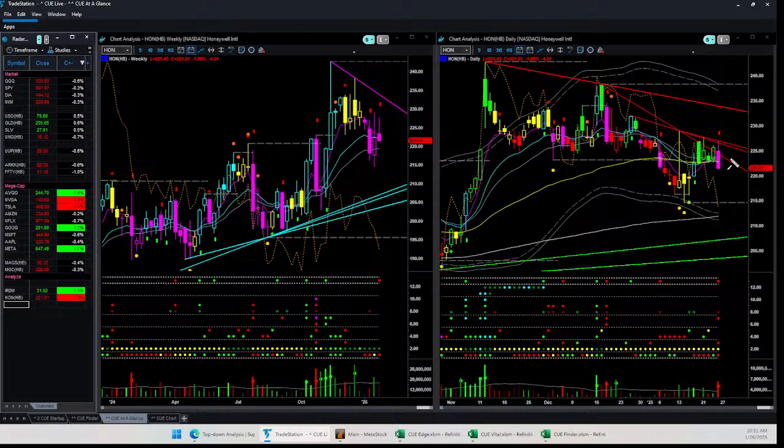It has in fact two possible short setups. One is the bearish flow trend following short setup. Another is a bounce short setup coming down from trendline resistance.